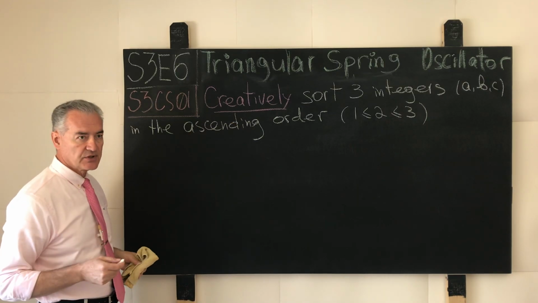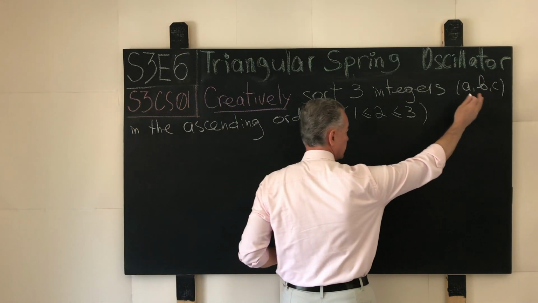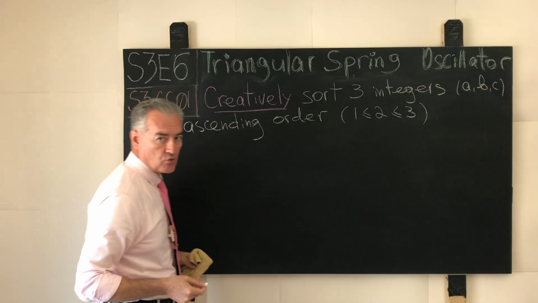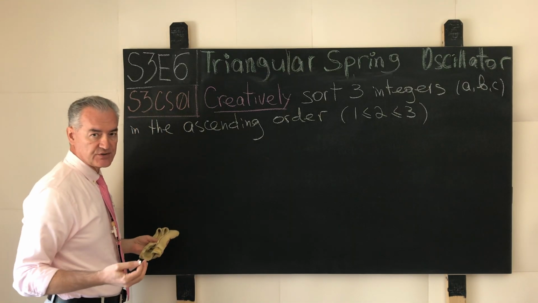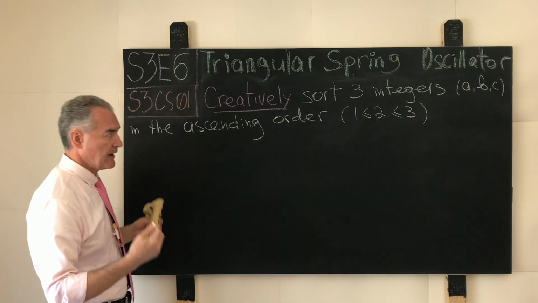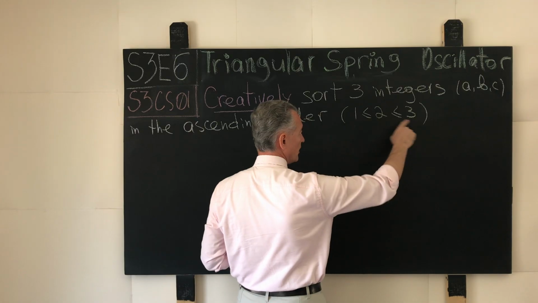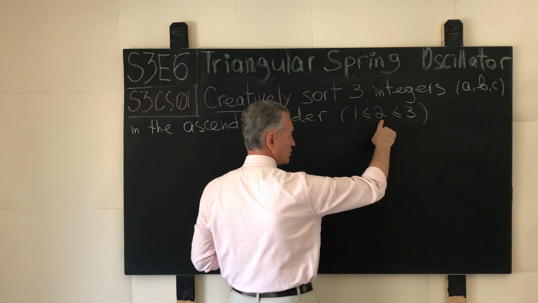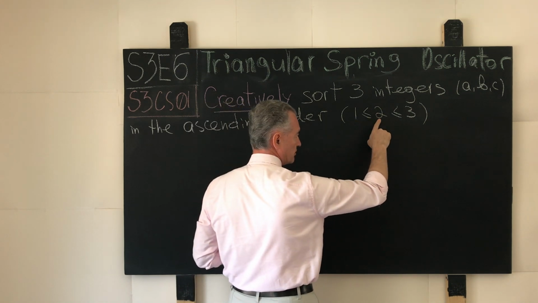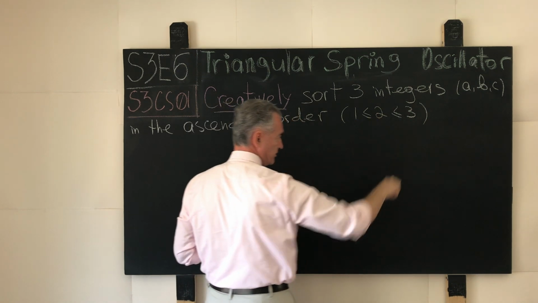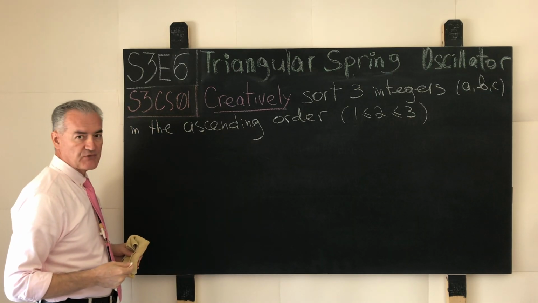So creatively sort three integers, for example, named A, B, C, in ascending order in such a way that on the input into your algorithm, these integers can be in any which order, but on the output, we want to see these integers printed so that the next integer is not smaller than the previous one. 1 should be less than or equal to 2, less than or equal to 3. We want to hear your ideas.